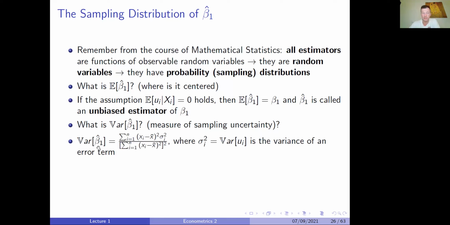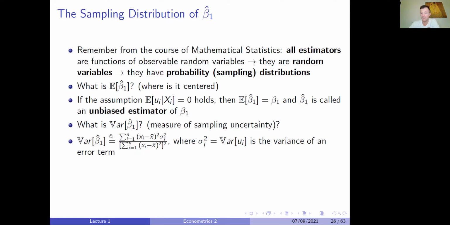Basically, this variance has a very complex look. It depends on sigma squared, and sigma squared is the variance of the error term. So this is an important thing. It depends on the observations of X, and it depends on the error term.